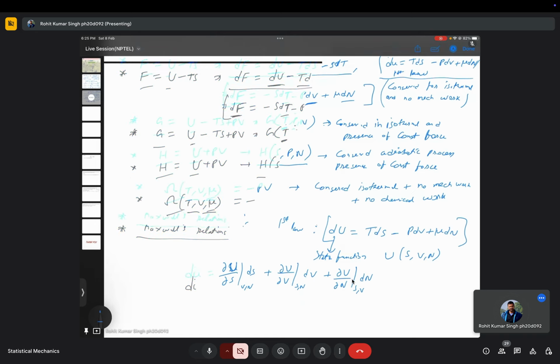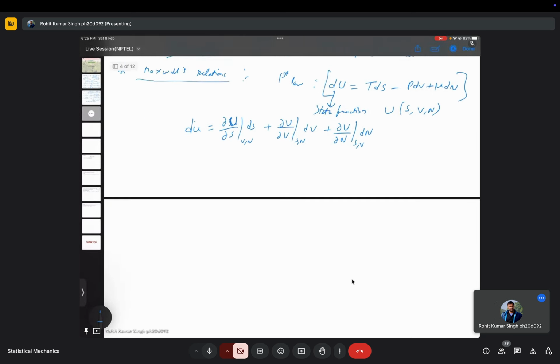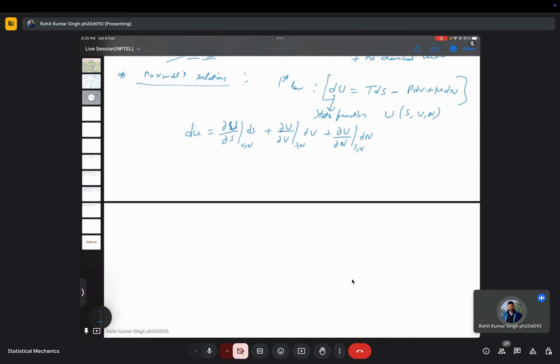Okay, now since this is a state function, it needs to be an exact differential.